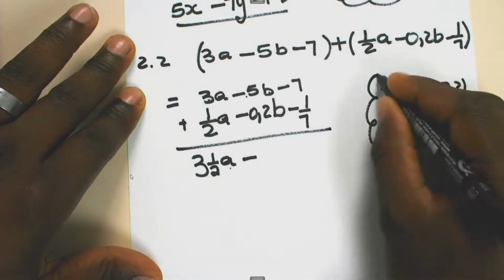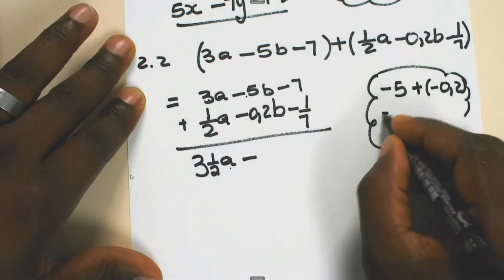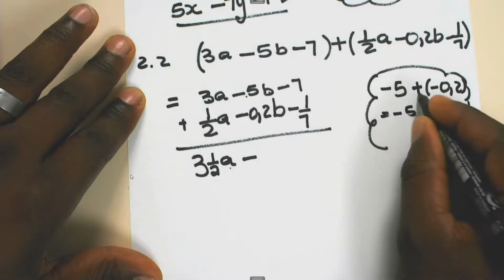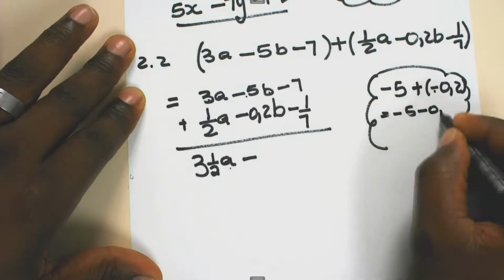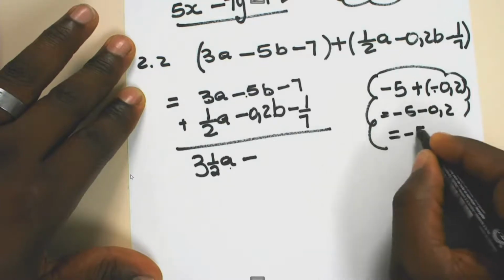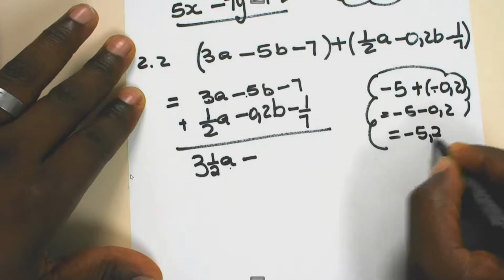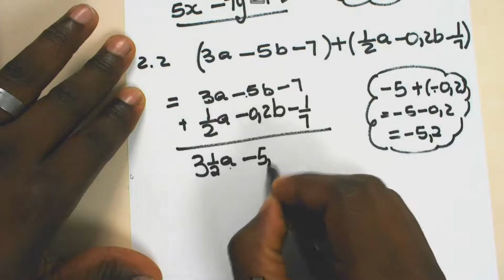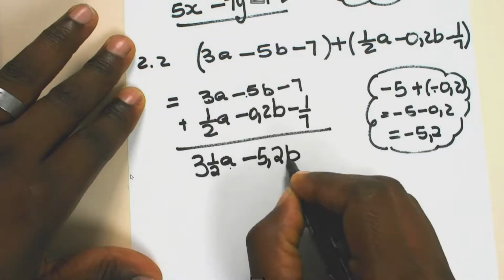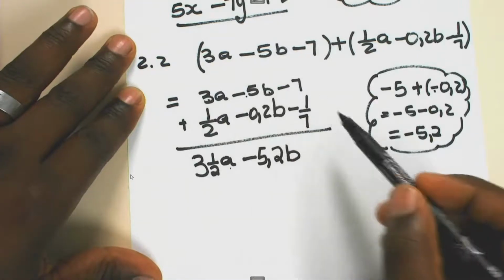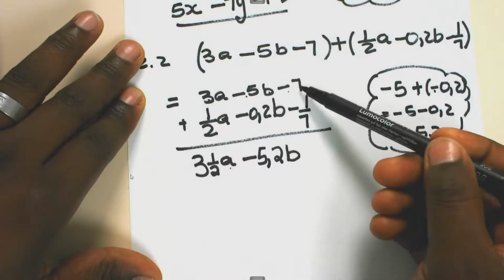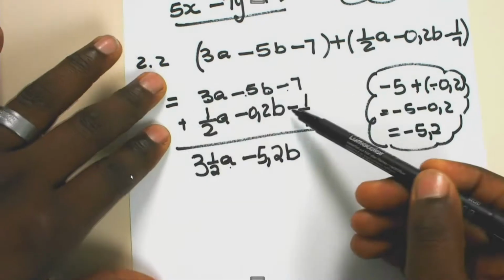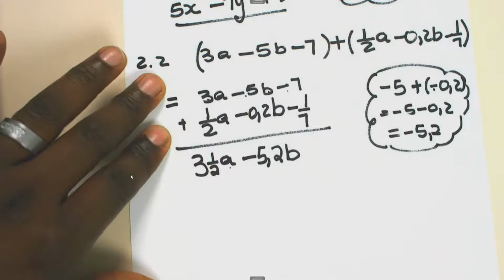So this will be negative 5, positive by negative, negative 0,2. You'll be having negative 5,2b. All right. And the next one there is going to be negative 7 plus negative 1 over 7.